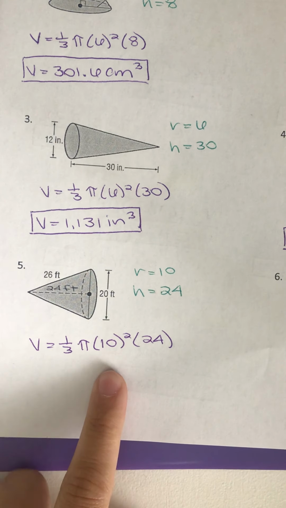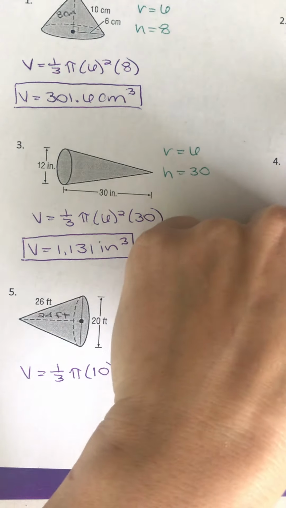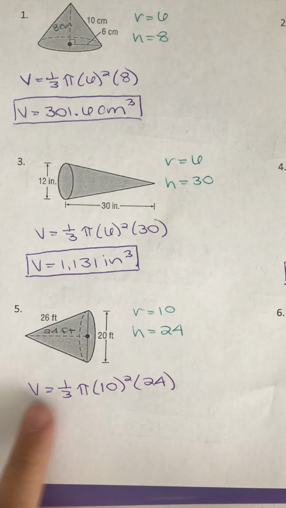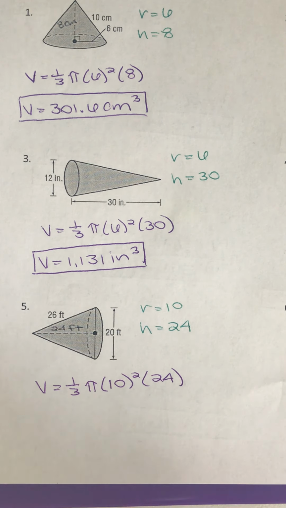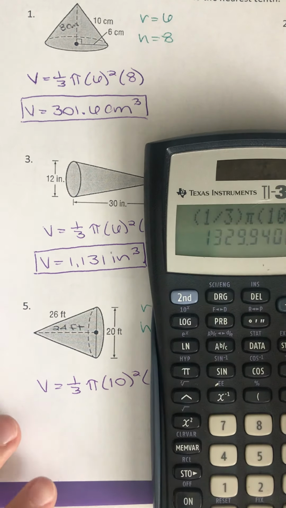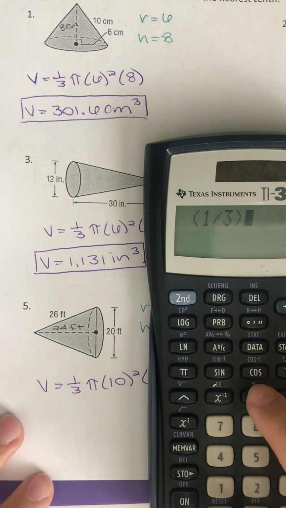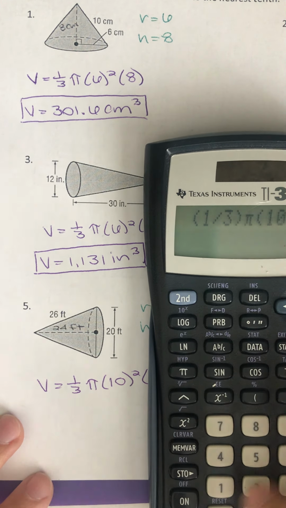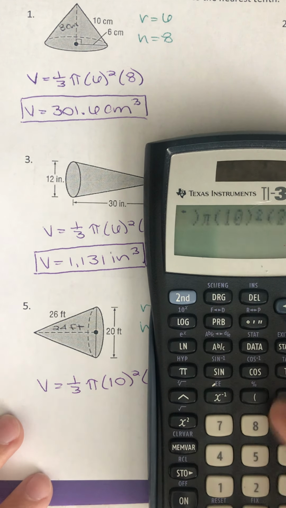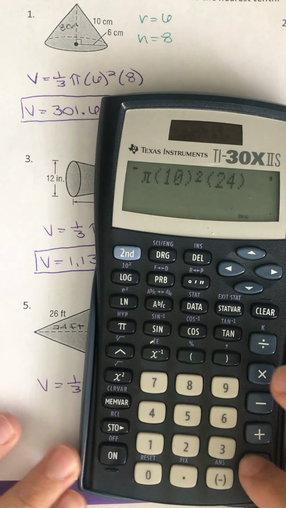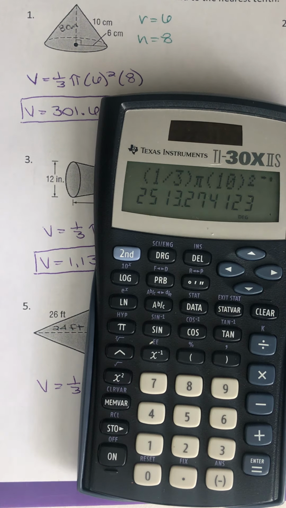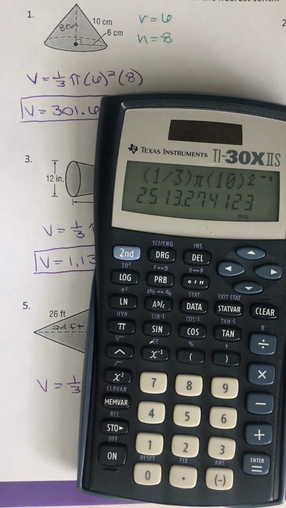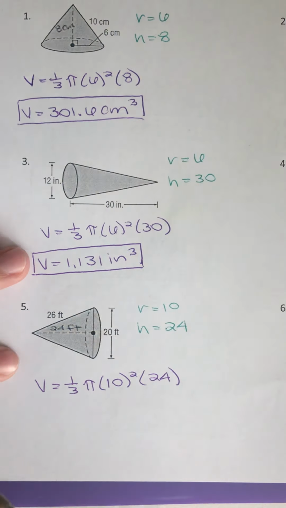And if you know what like 10 squared is, 6 squared is, 8 squared is, you could just plug in 1/3 pi 100 times 24. But if not, you don't have to. You'll still get the same answer. So it's 2,513. We're going to round up to 0.3.